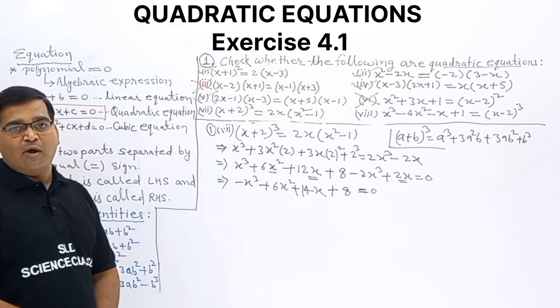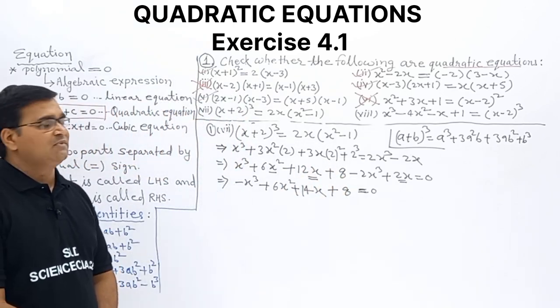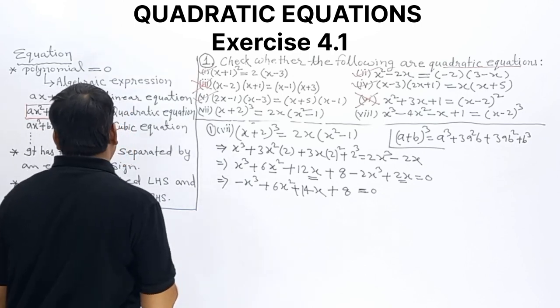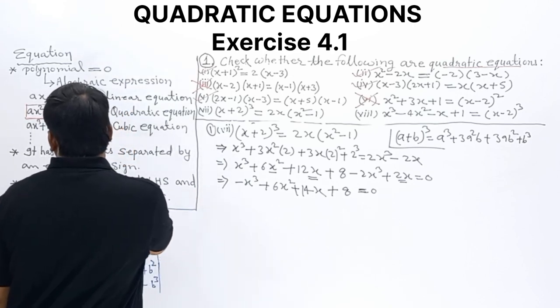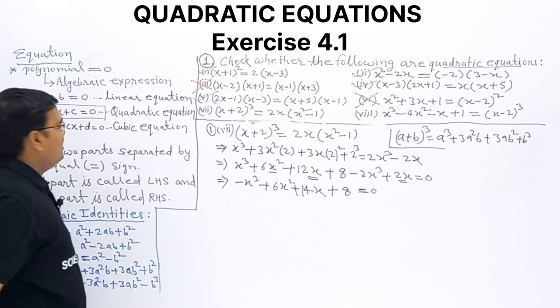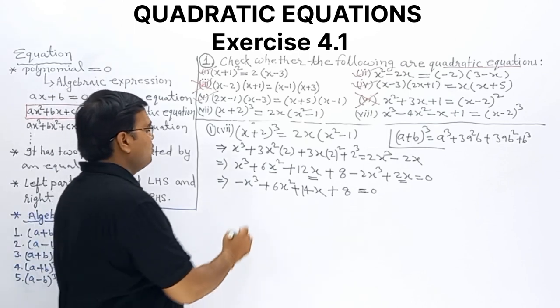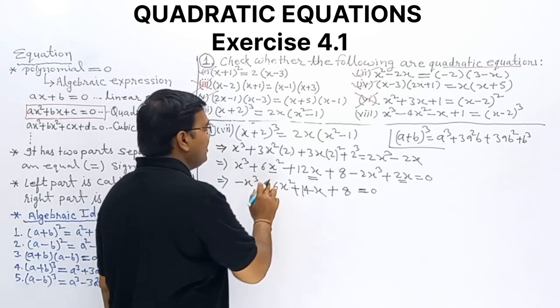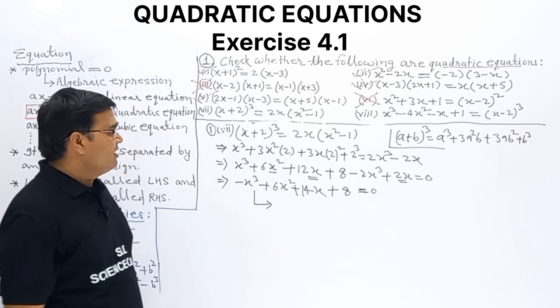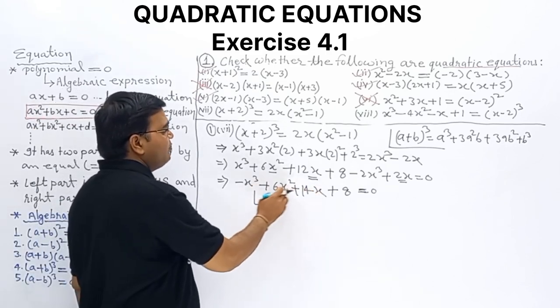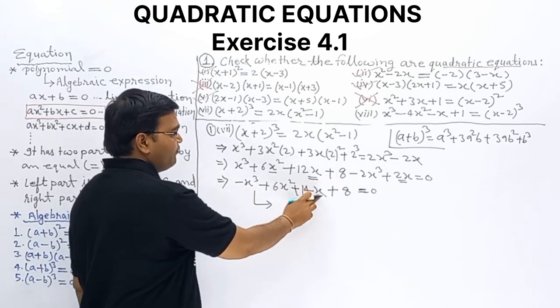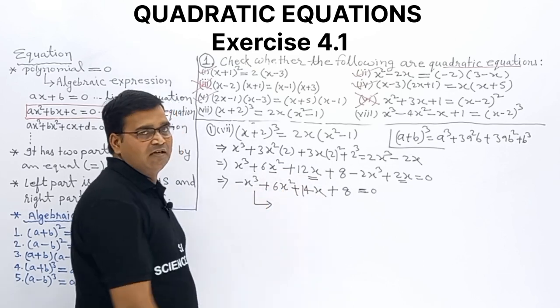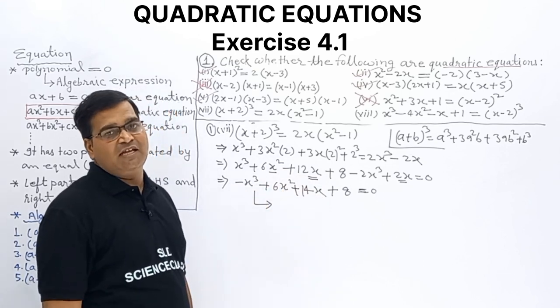Is it in the form of a quadratic polynomial? No. It is not in the form of ax square plus bx plus c. So what can we say? Observe the maximum power of the variable in this polynomial: power 1, power 2, power 3. Maximum power of x is 3.